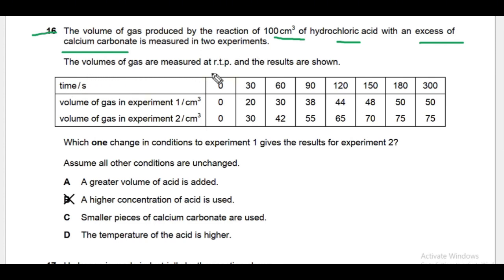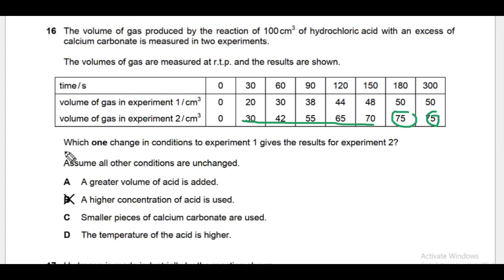The volumes of gases are measured at RTP, room temperature and pressure, and the results are shown: time, volume of gas in experiment 1, in experiment 2. Increasing here, then constant; increasing here, then constant. Experiment 2 produces more volume of carbon dioxide gas.